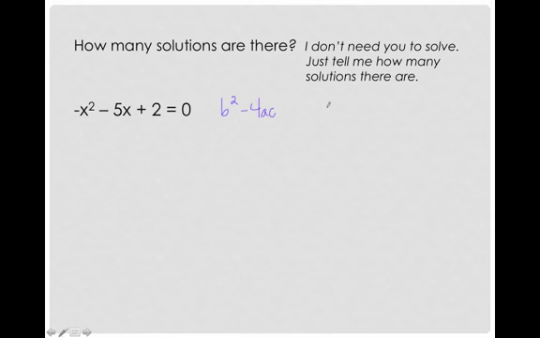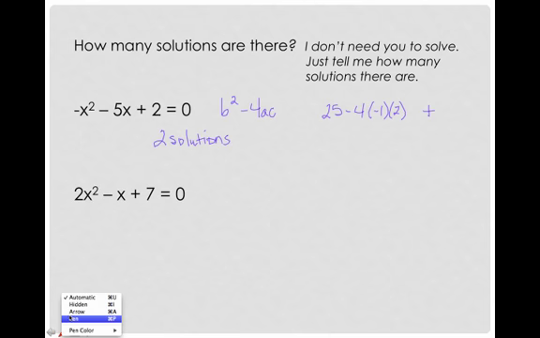B squared is going to be 25 minus 4 times negative 1 times c. So I've got 25 plus 8. So whatever that number is, it is positive. So since I have a positive value for my discriminant, I have two solutions to my equation.